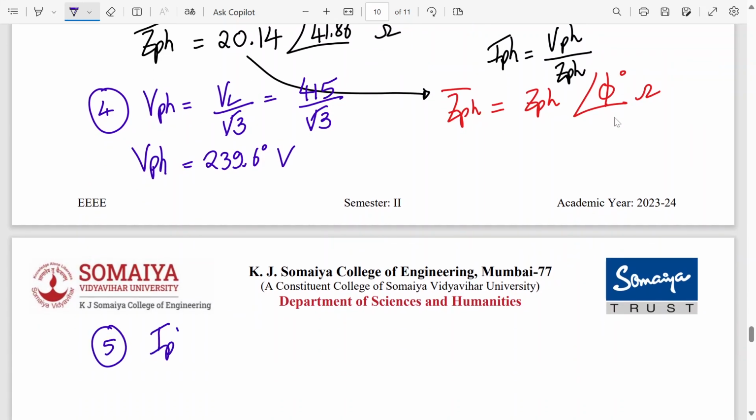So I phase will be V phase divided by Z phase. V phase is 239.6, there is no degree here, divided by Z phase 20.14. How much is this? Calculate. We are taking directly the magnitude.